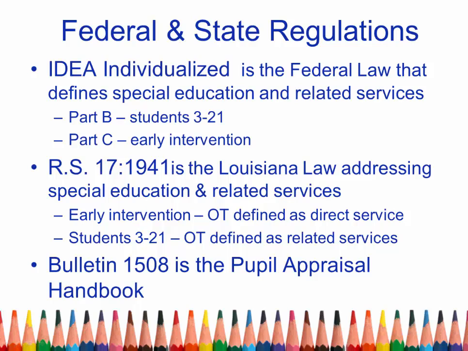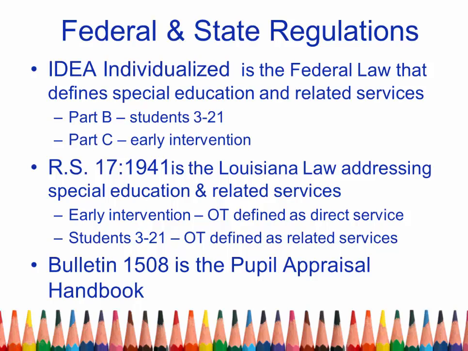We could be the sole and only service that is provided for that particular child. It doesn't have a bearing on any other qualifications for direct services. In early intervention, you have the Individualized Family Service Plan, so it's focused on not only the child but also the family that the child is in.